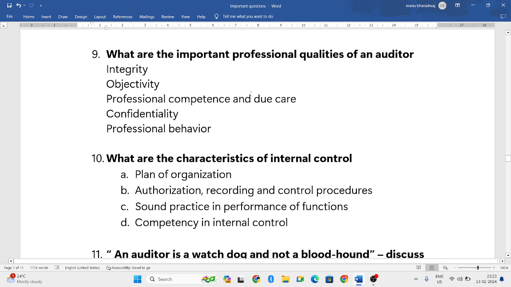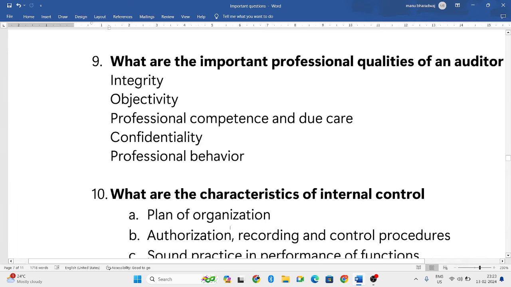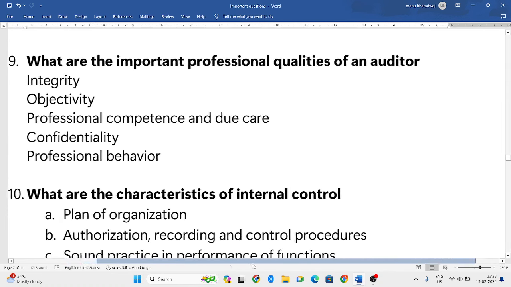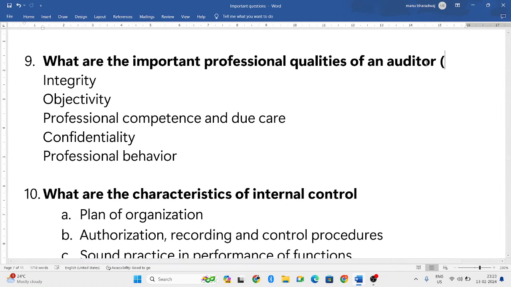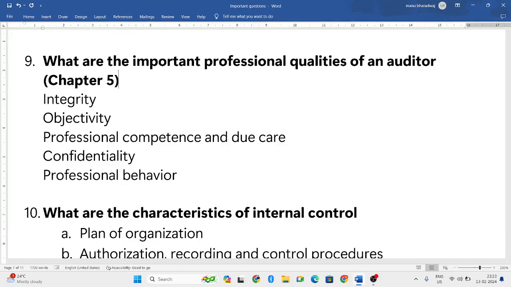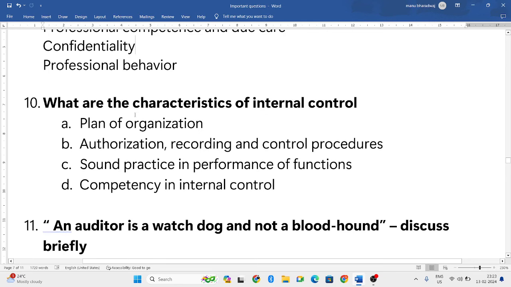Next, what is the importance of the professional qualities of an auditor? I think this is also from chapter number 5. Integrity, objectivity, professional competence and due care. He should maintain certain confidentialities. He should have professional behavior. All those are the professional qualities. You have to explain each. Next, what are the characteristics of internal control?